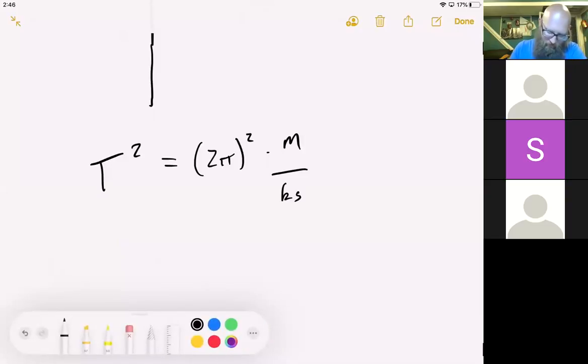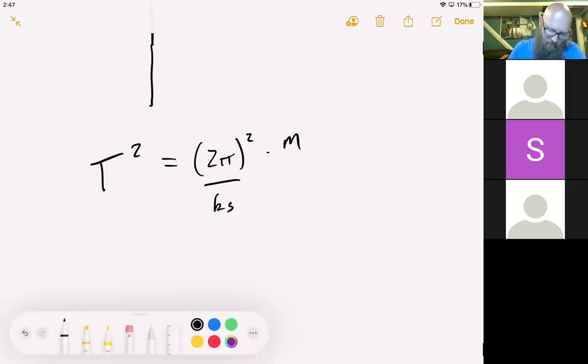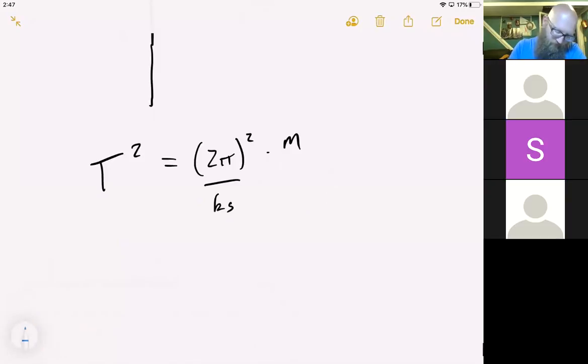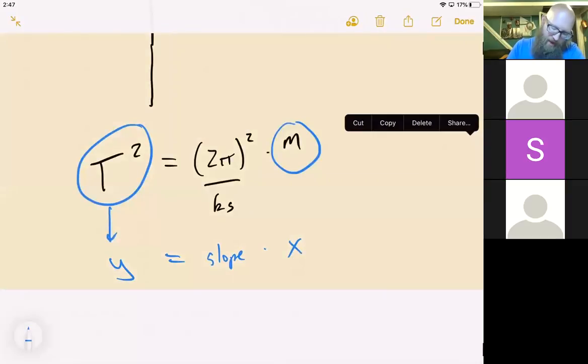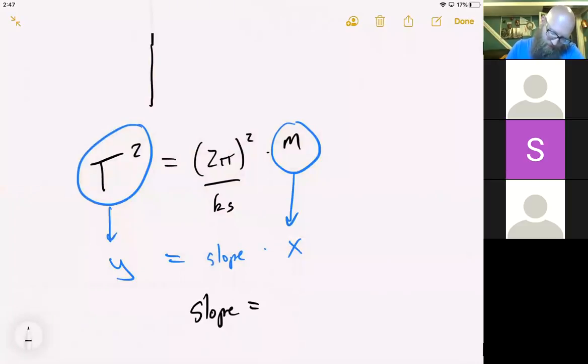And if you move that over, you could say, y equals slope times x. If you plot T squared as y and mass as x, then your slope equals (2 pi) squared divided by the spring constant, right? So that lets you plot a straight line and get something that's proportional to the spring constant.